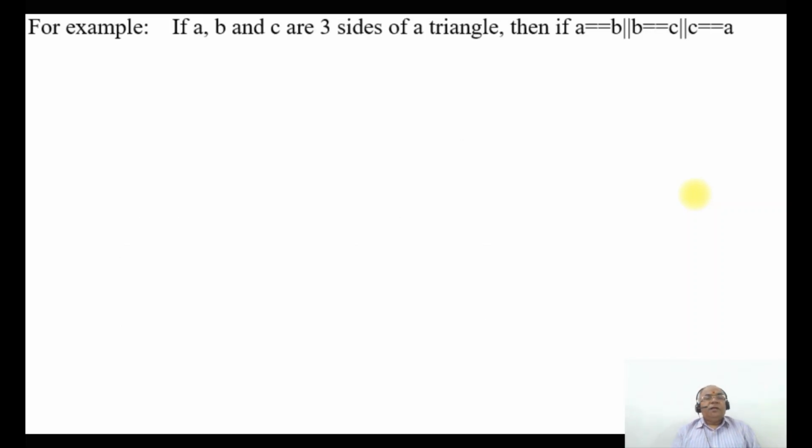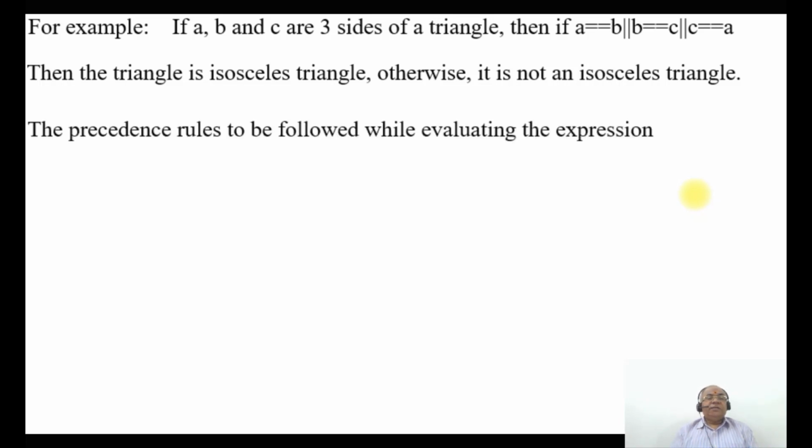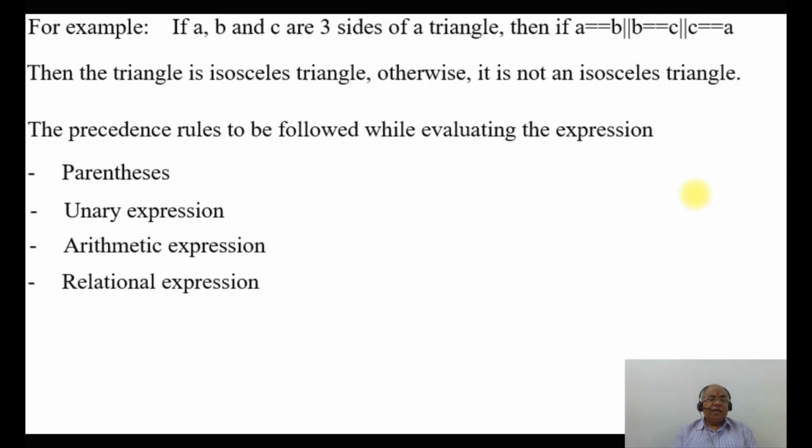So this is all. For example, if A, B and C are the three sides of a triangle, then if A is equal to B or B is equal to C or C is equal to A, if any is true, then the triangle is isosceles, otherwise it is not an isosceles triangle. The precedence rules are to be followed when evaluating the expression. Parenthesis is the first one, then unary operators, arithmetic expressions, relational expressions and logical expressions.